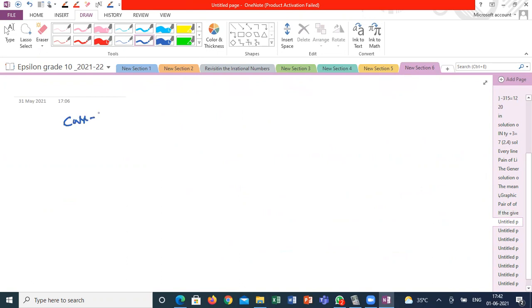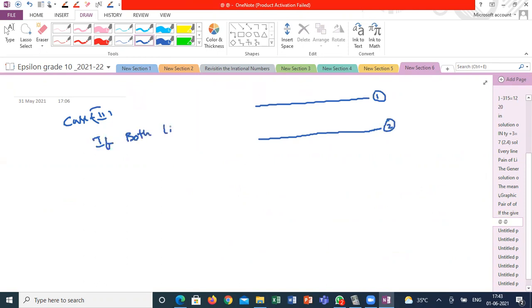One equation I got like this, another equation I got like this, and both never intersect, because this is equation 1, this is equation 2, and both lines are parallel to each other. In the graphical method we will get it like this. We extend to any length, and they never meet each other.